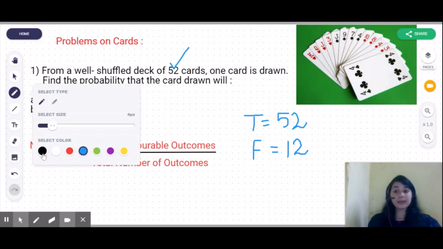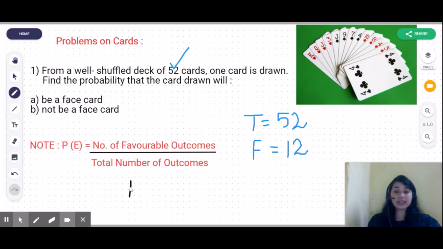Now we are going to put them together in the formula. So let us write probability. P(E) means probability of any event. And what is my event here? I want to get a face card. So let me write face here for that. So probability of getting a face card is number of favorable outcomes, which are 12 here, upon total number of outcomes, which are 52.